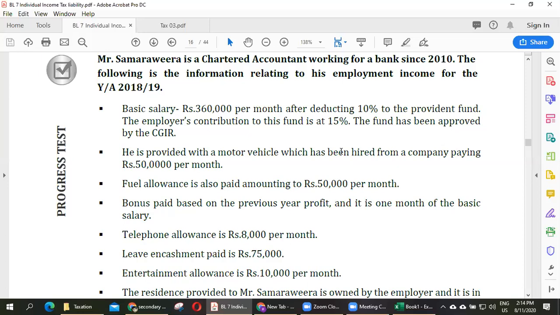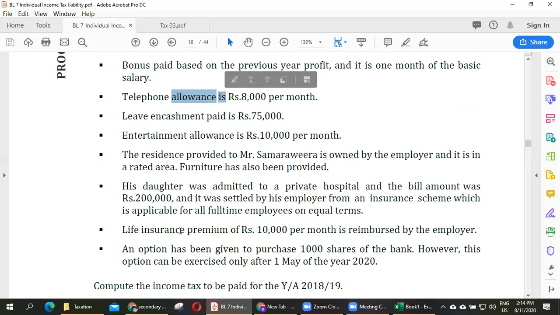So we have to find out the basic salary, right? And telephone allowance, not telephone bill, right? Telephone allowance is 8,000 per month. Leave encashment rupees 75,000. Entertainment allowance rupees 10,000.